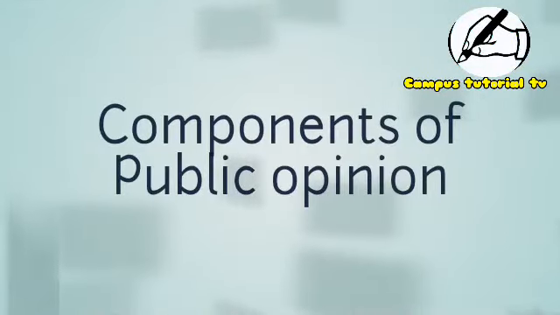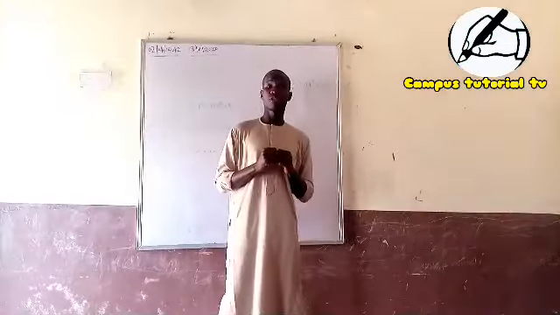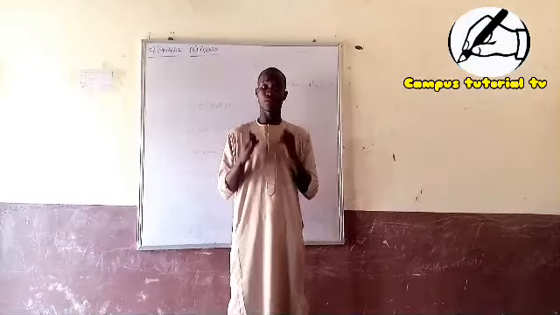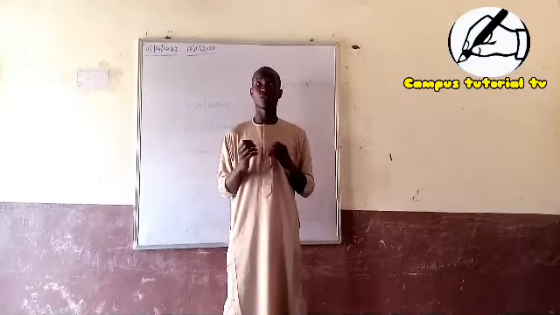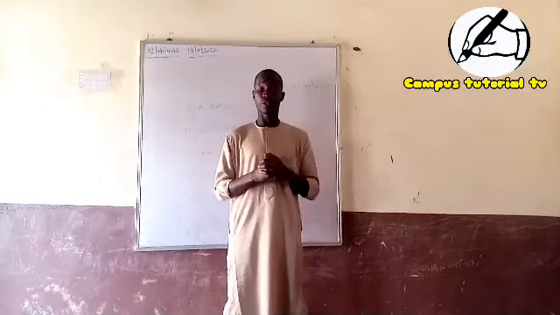Today, God willing, we shall make progress with components of public opinion. When we talk about components of public opinion, I know the first thing that will come to your mind is the various types that make up public opinion.